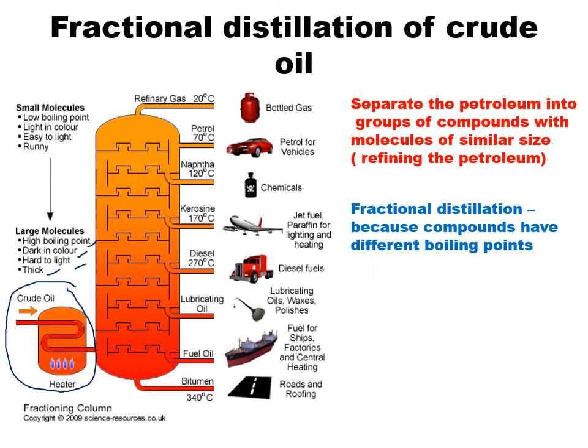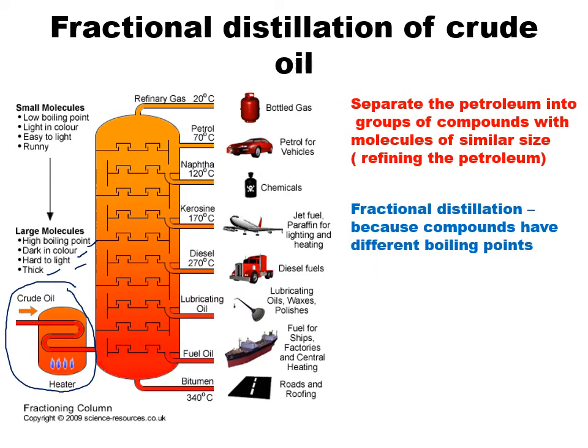If you see here, we have different fractions that have different usages domestically or industrially. For example, refinery gas can be used as bottled gas, as the cooking gas at home.